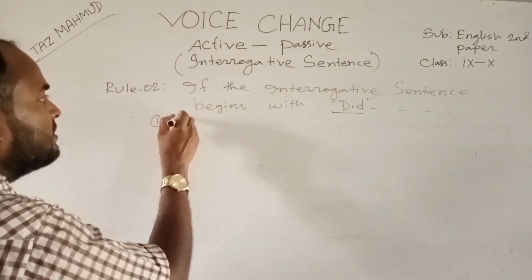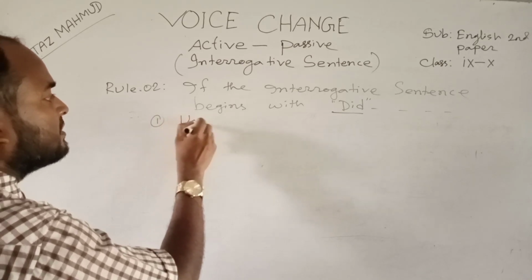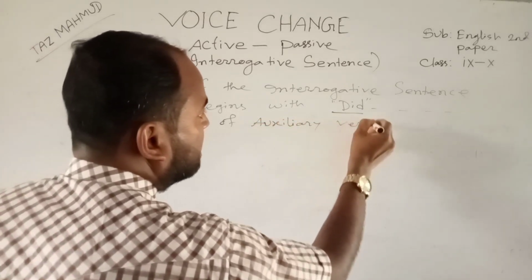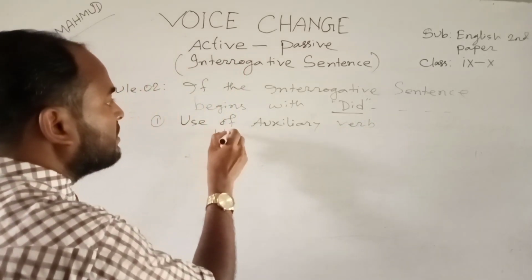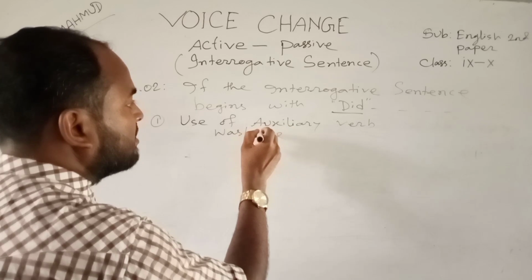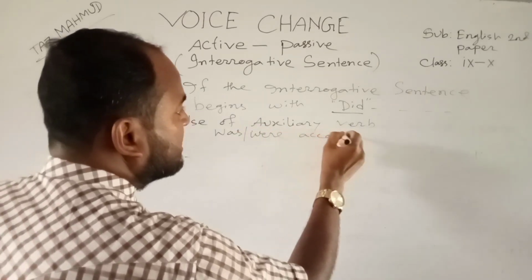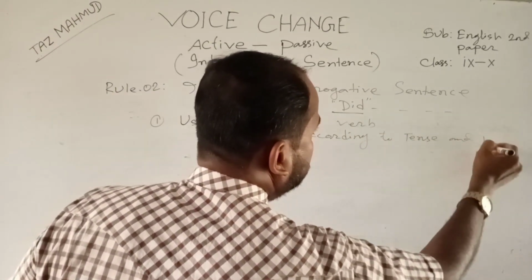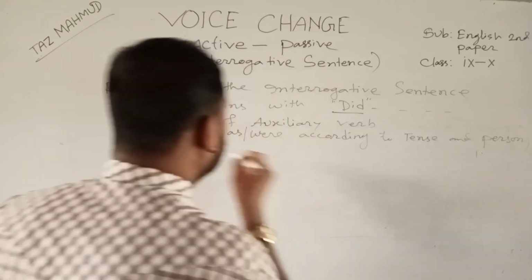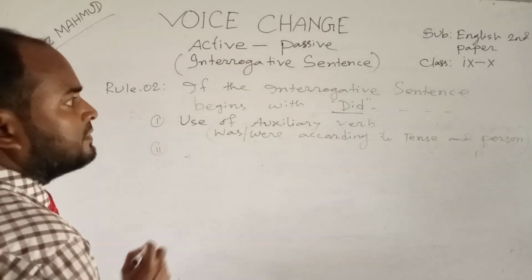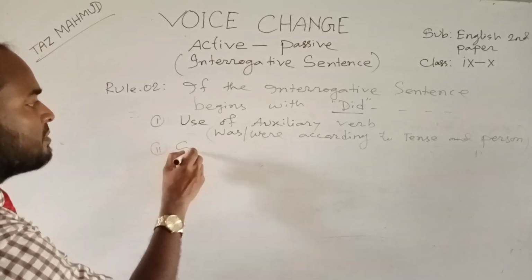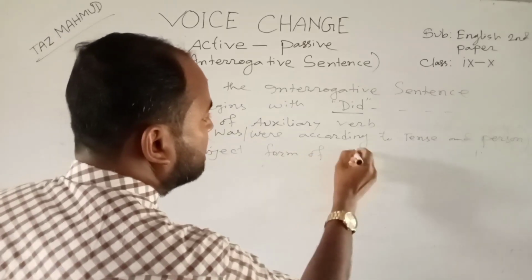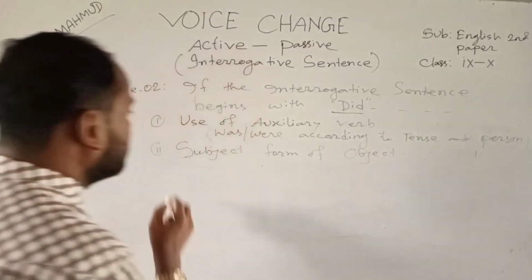Then we have to use the auxiliary verb, that means was, were, according to tense and person. Then the subject form of object.